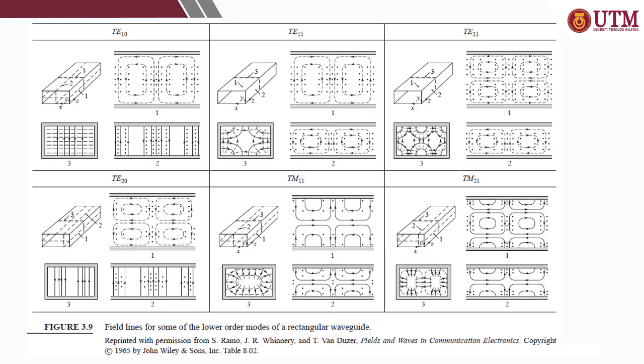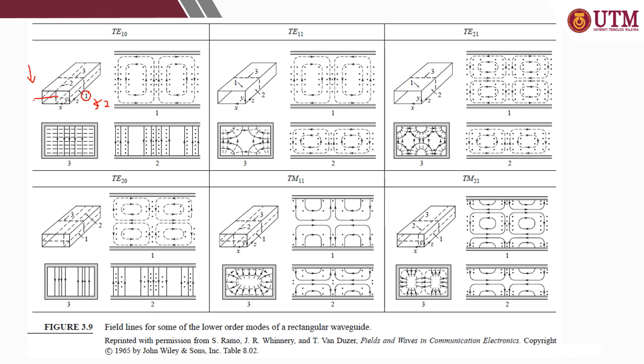The slide summarizes the field distribution for different modes for a rectangular waveguide. You can see at different cross sections, for example, number 1, when you cut it here in the middle and you view it from top. The second one, when you view it from here.